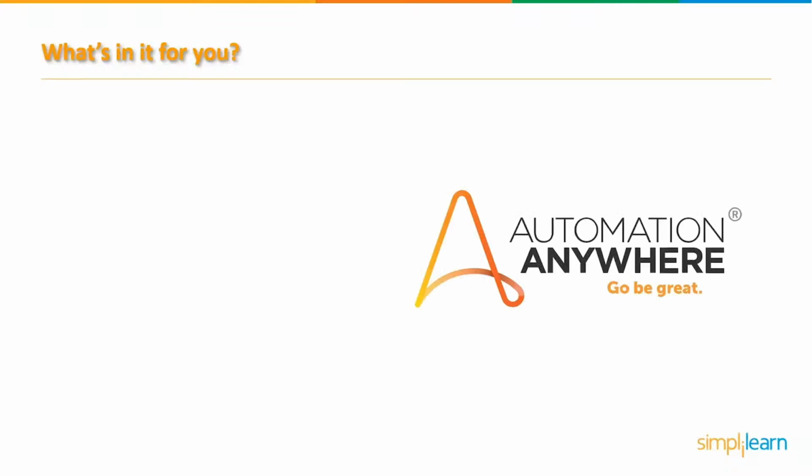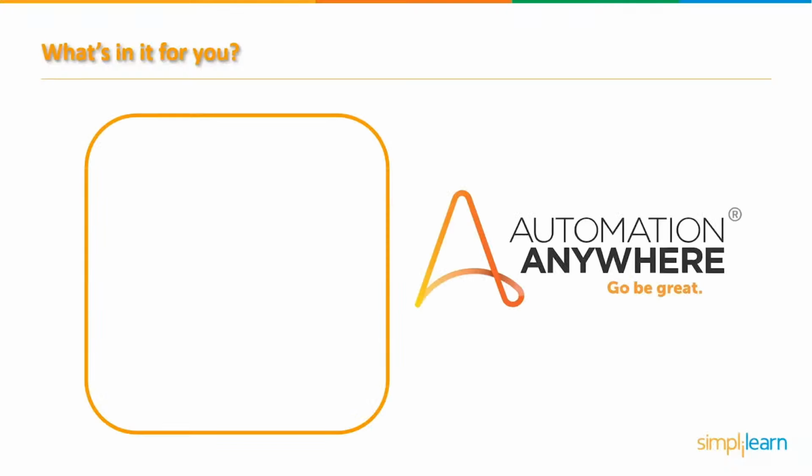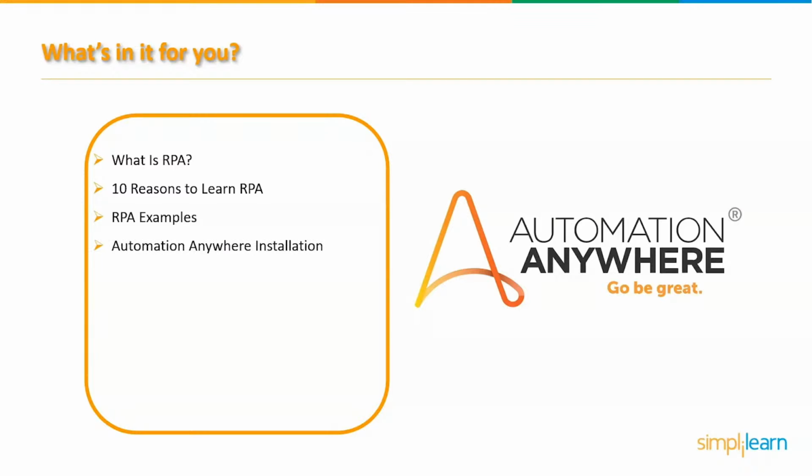Here is the list of topics covered in the Automation Anywhere full course. We'll first begin with what is RPA. Then we'll look at the 10 reasons to learn RPA, followed by which we will see some of the real-time RPA examples. Proceeding further, we will see installation of Automation Anywhere and Automation Anywhere tutorial.